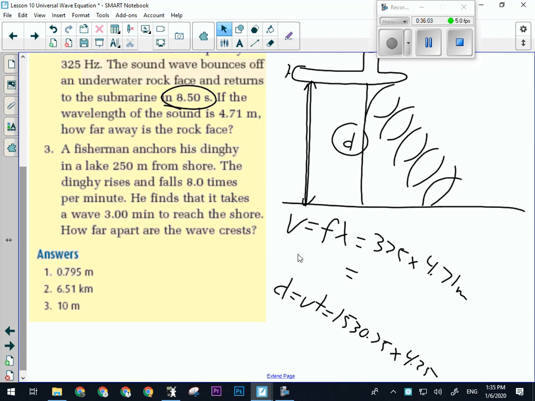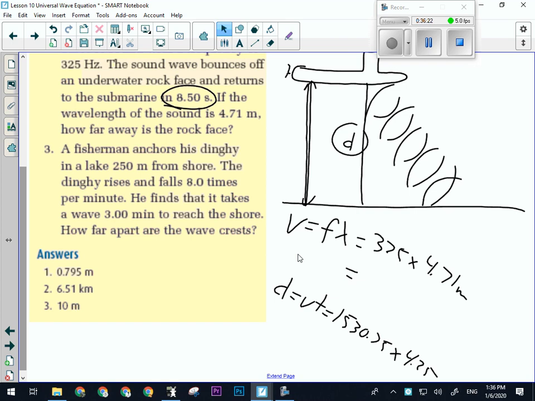Next question: we've got a person in a dinghy, one of those inflatable rubber boats, 250 meters from shore. The dinghy rises and falls 8 times per minute. He finds that it takes a wave 3 minutes to reach the shore. How far apart are the wave crests?